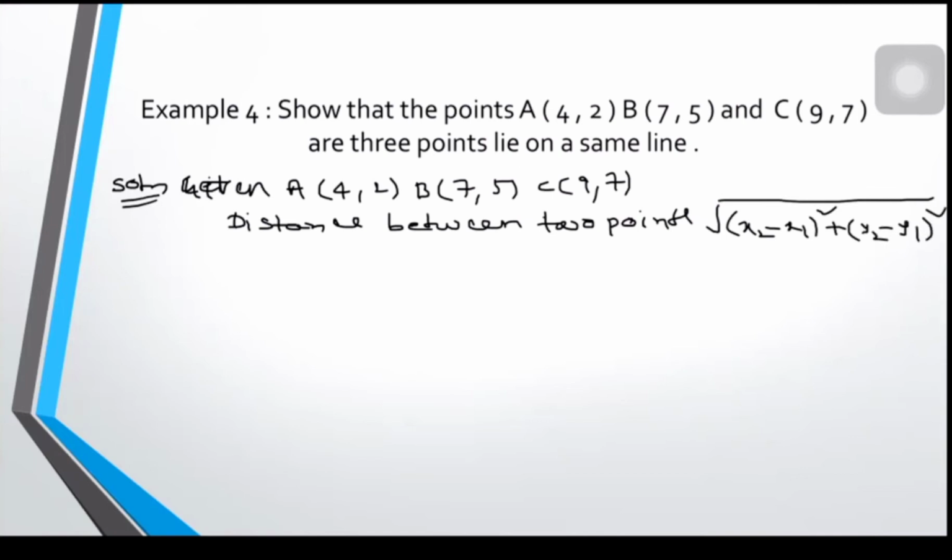So first find the distance AB. A point 4, 2, B point 7, 5. Now AB distance.